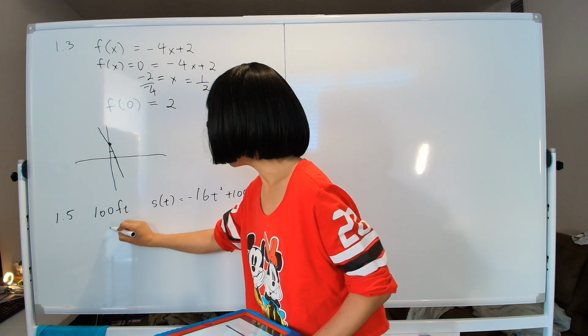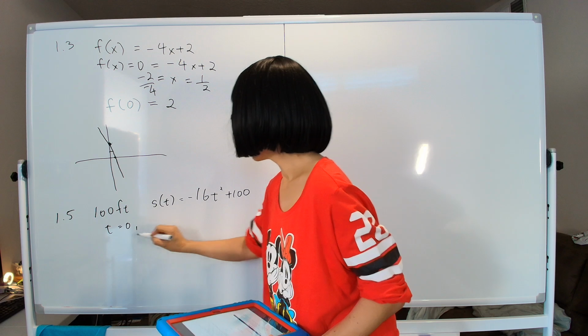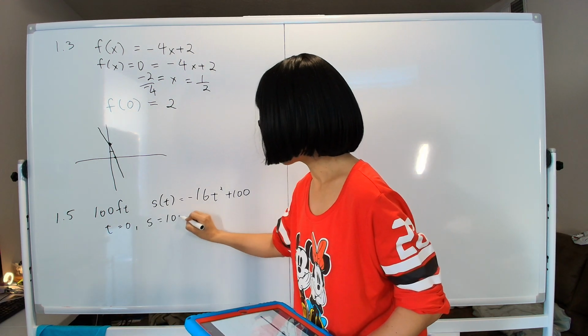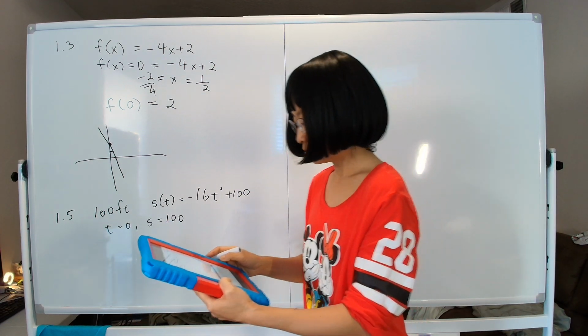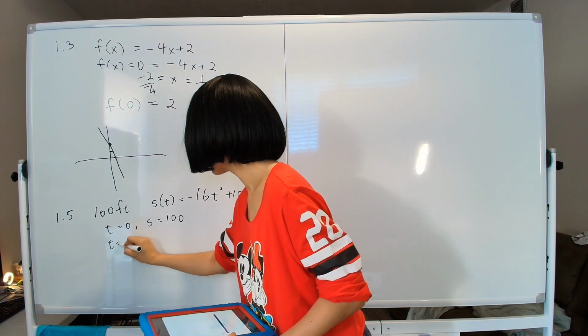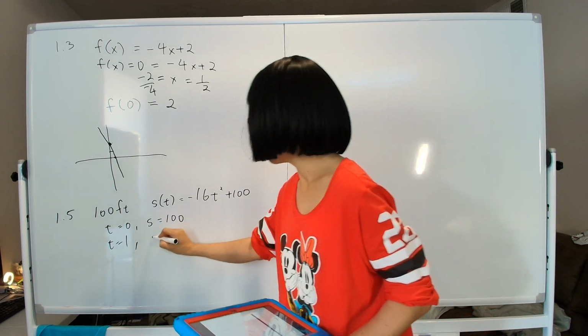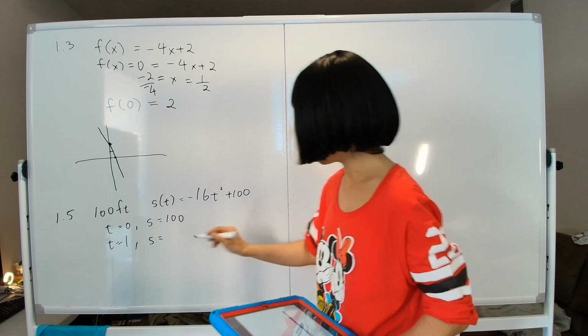So here's the table. When t is 0, that's obviously 100. S is 100. Okay. Now, we'll find when t is 1. And then S will be 100 minus 16, which is 84.